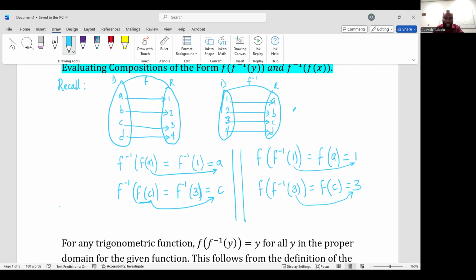So every one-to-one function has this property. That is, when we have f inverse of f of x, we say it is x, and f composed with f inverse of x, I still claim it is x.